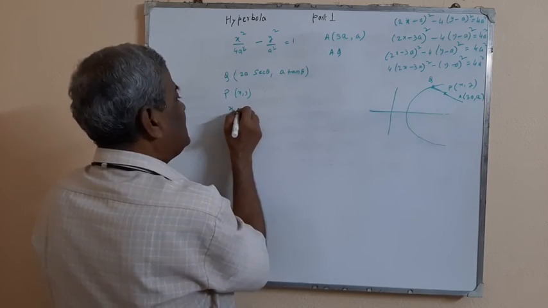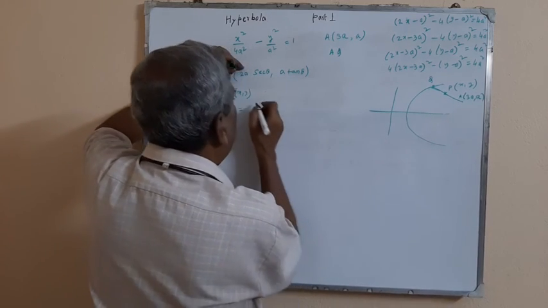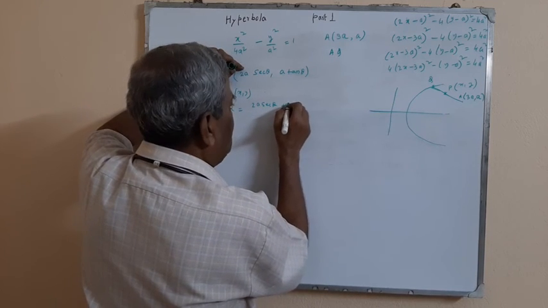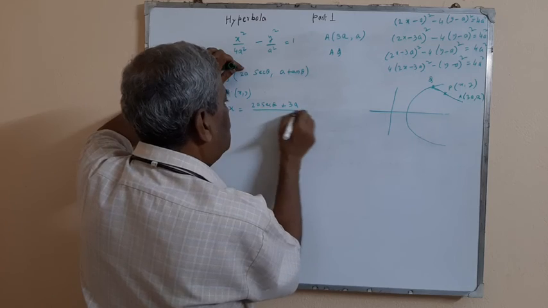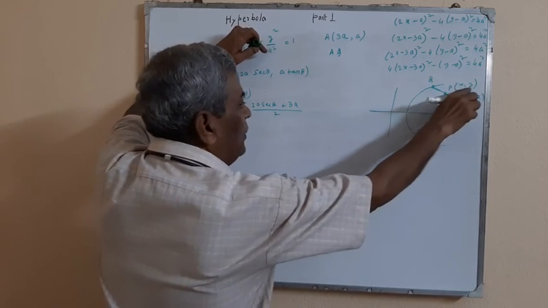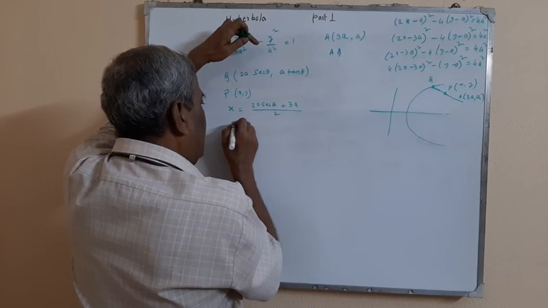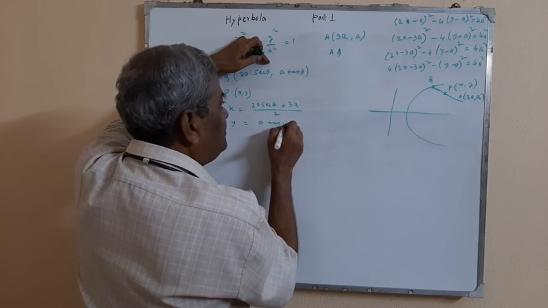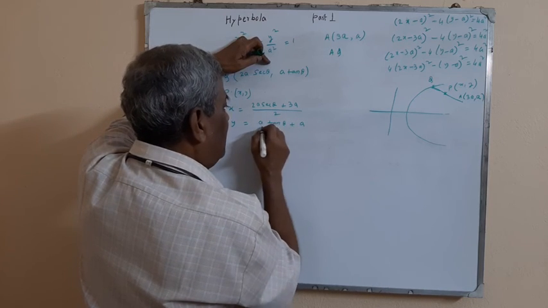So we get x is equal to coordinate of Q means 2a sec theta plus 3a divided by 2. And y coordinate of P, y is equal to a tan theta plus a divided by 2.